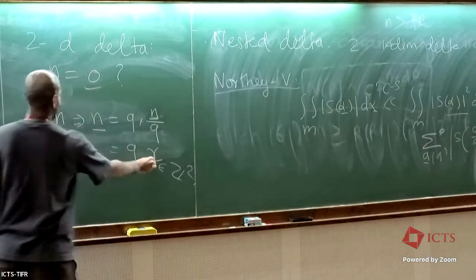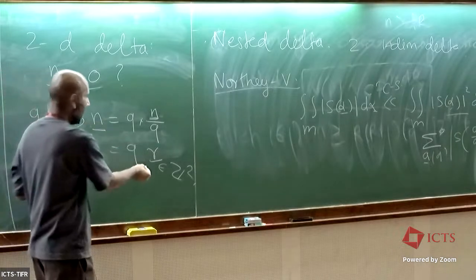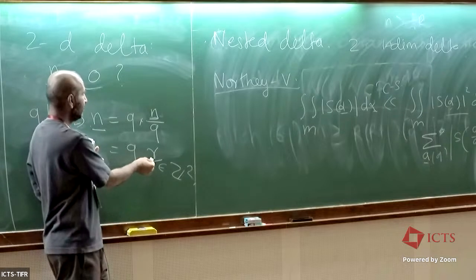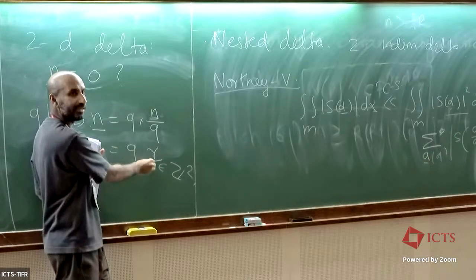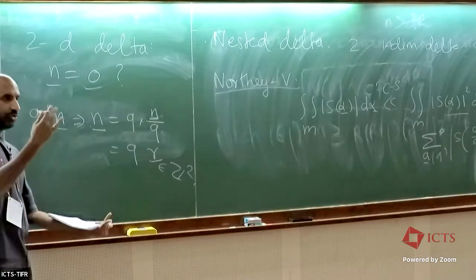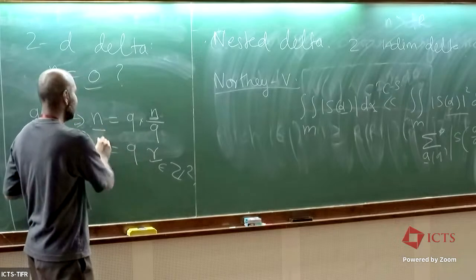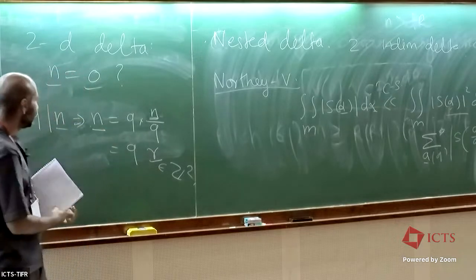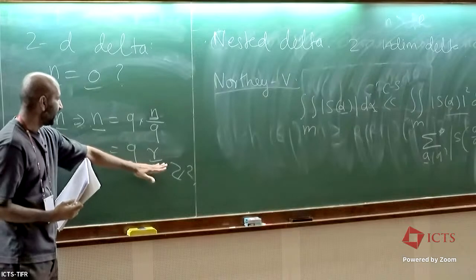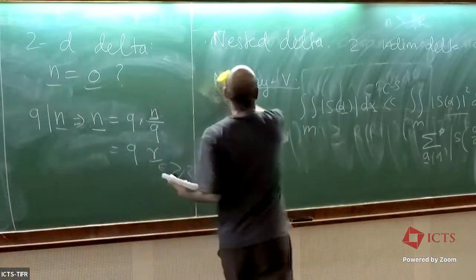And then how is r characterized? If I give you an n, then r is a vector such that n is a multiple of r, right? So n belongs to the lattice generated by r. So q is defined by the relation that q divides n. r is defined by the relation that the lattice generated by r contains n. So this is my duality relation now.